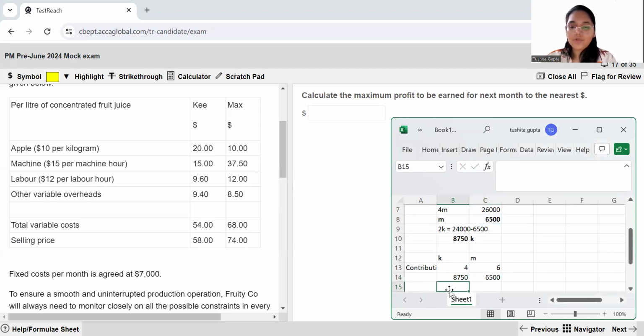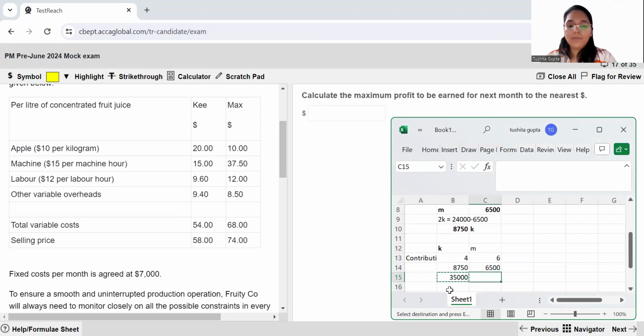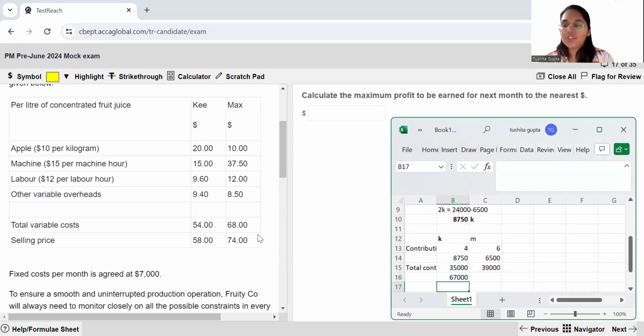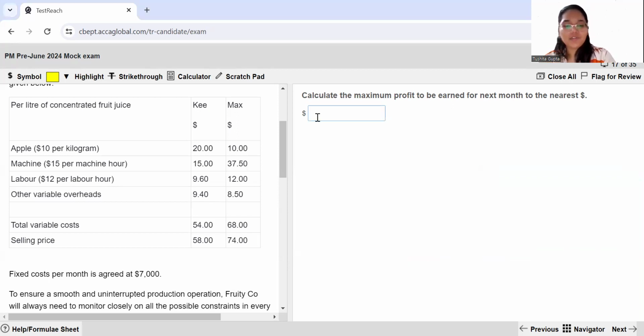So total contribution will be the product of these two figures. Now, if I add both of these values, this plus this is my total contribution. Subtracting the fixed cost, which is 7,000, I will arrive at my profit, which is 67,000 over here.